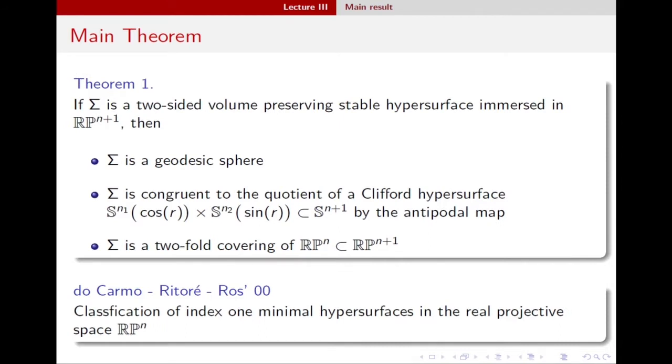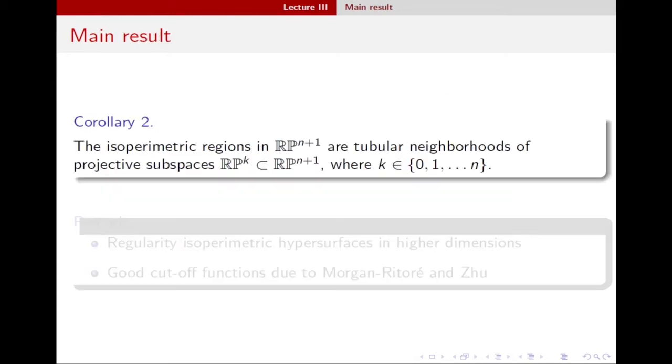If we look at this Clifford hypersurface in the sphere as a family of hypersurfaces as r goes from 0 to pi over 2, you will check that they give you an equidistant foliation. So each hypersurface is equidistant from one another, and they degenerate in some spherical subspace of the sphere, which corresponds to these dimensions here, n1 and n2. Using that observation, there is a very neat description for the projection of this hypersurface in the real projective space.